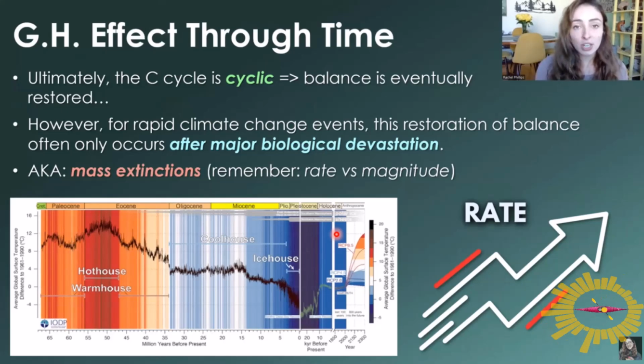And yes, life does recover after the fact, but not the same life. So it's not necessarily in our best interest to sacrifice ourselves for the next biodiversification event. But in any case, rate is dangerous, and that's what we're dealing with right now.